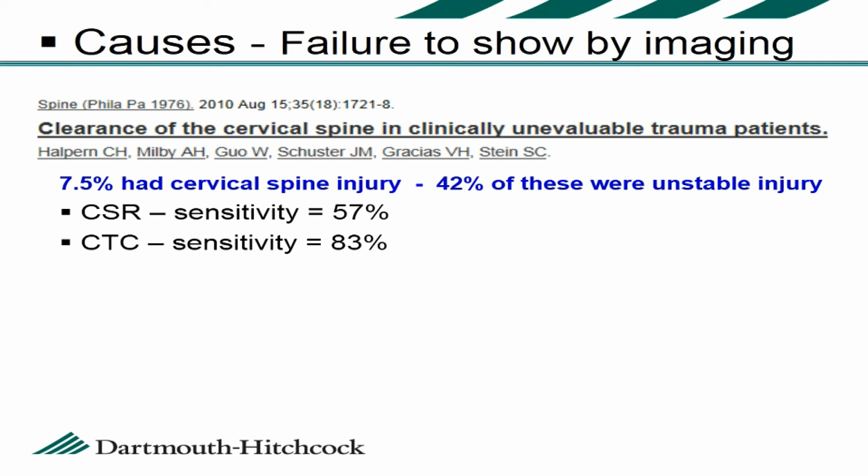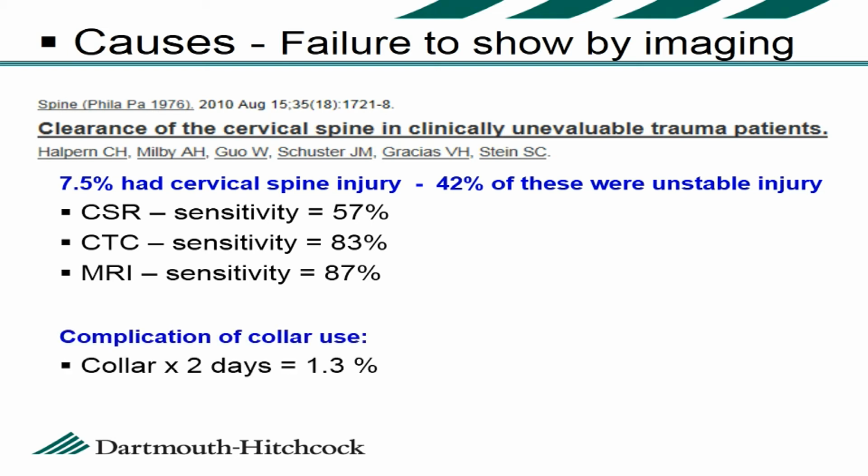There was 7.5% cervical injury, and 42% of those were unstable. And they looked into the sensitivity of each modality: plain X-ray, CT scan, MR scan, how good they are. The plain X-ray itself can miss half of them. CT is not the gold standard, it can still miss 17%, with 83% sensitivity, and MRI has 87% sensitivity.